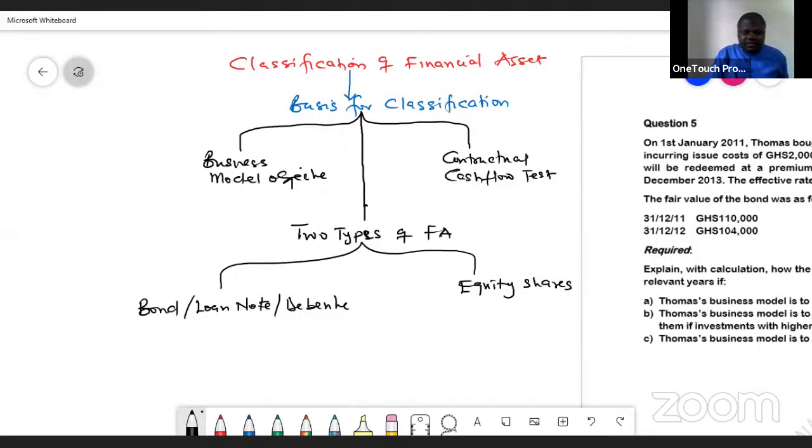In all this, we say that we have investment. So we'll be looking at how to classify bonds, debentures or loan notes, that is how to classify loan investment. Then we'll look at the classification for equity investment. I just want to give you a summary before we pick the questions.